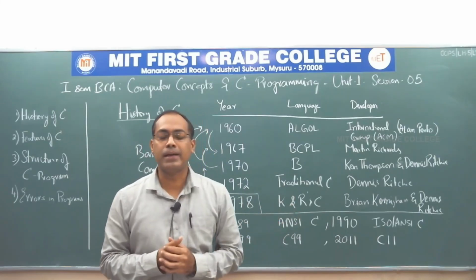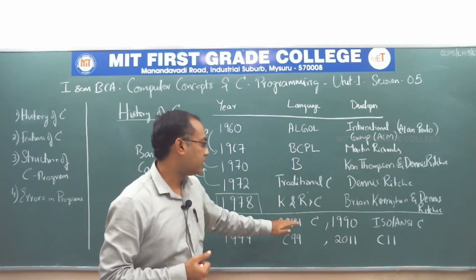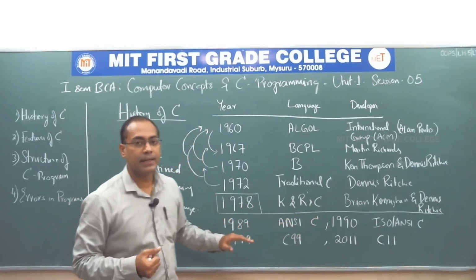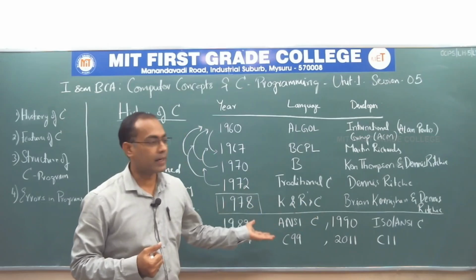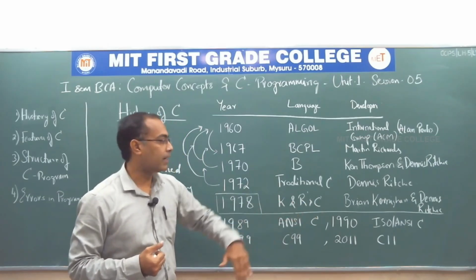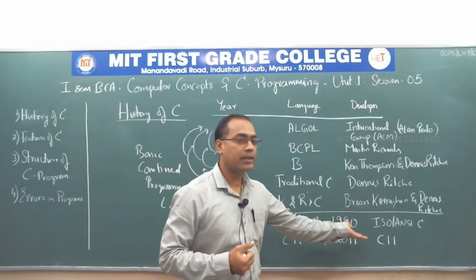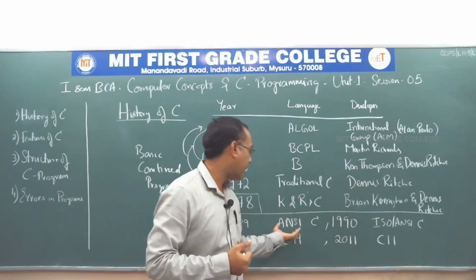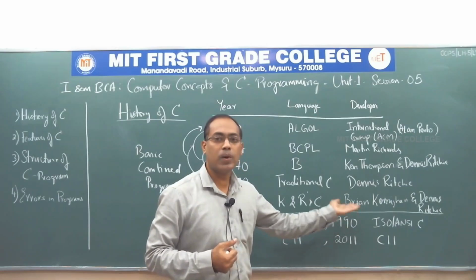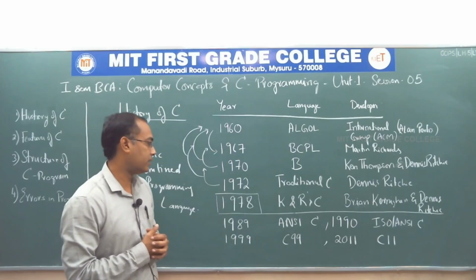ANSI stands for American National Standards Institute. This institute set the standards for C during 1989, and this standardized version of the language was called ANSI C. After that, ISO came into the picture. In 1990, ISO standardized this ANSI C version for global usage and they call it ISO ANSI C. ISO full form is International Organization for Standardization.